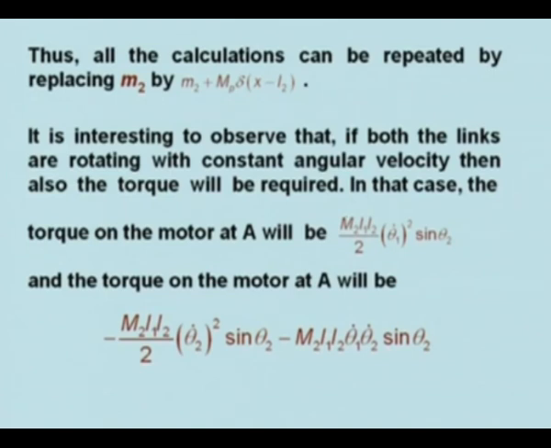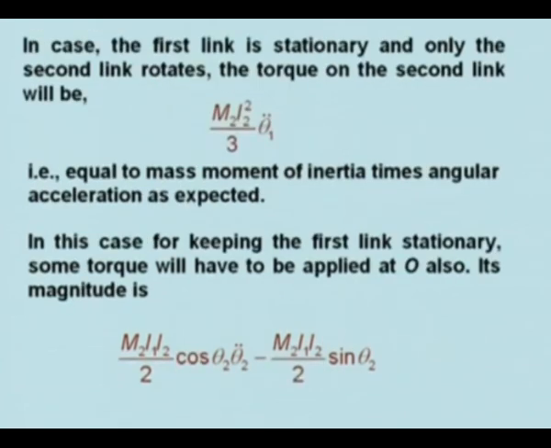Now if m2 is 0, then there will not be any requirement of the torque. In case the first link is stationary and only the second link rotates, the torque on the second link will be m2 L2 square by 3 theta 2 dot dot, that is equal to the mass moment of inertia times the angular acceleration, as expected.